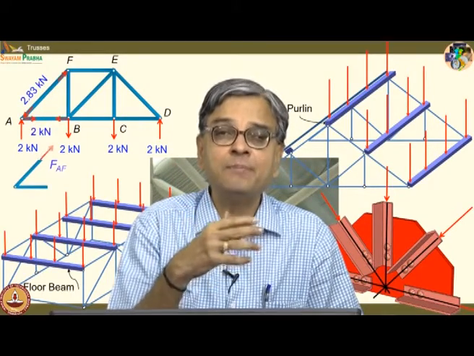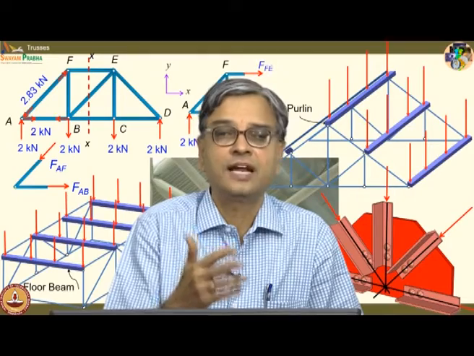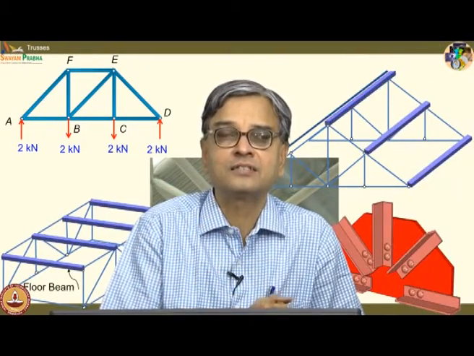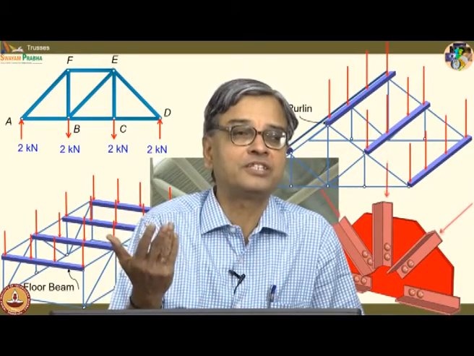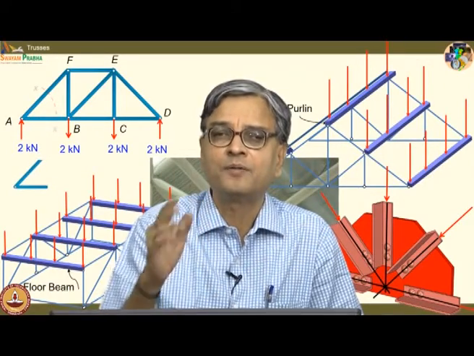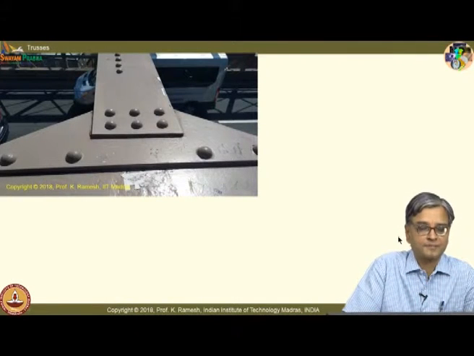So, there is an inbuilt crack arrest mechanism available in riveted construction, and when you go home for your mid-semester recess, you would see in many railway bridges, they are all riveted connections. Keep your eyes open, peep your head out and see what those are.